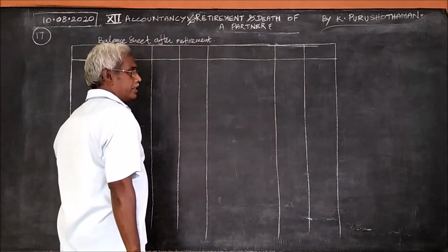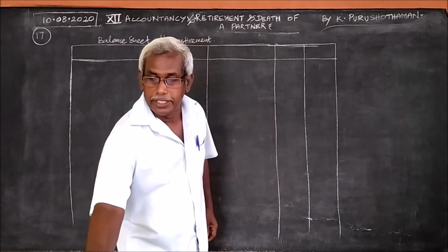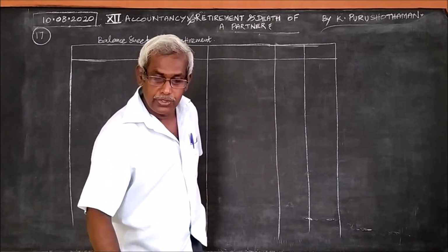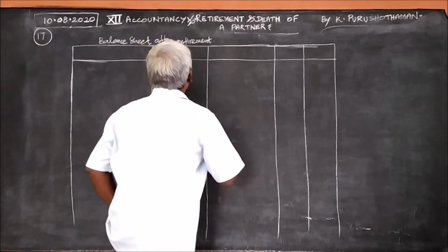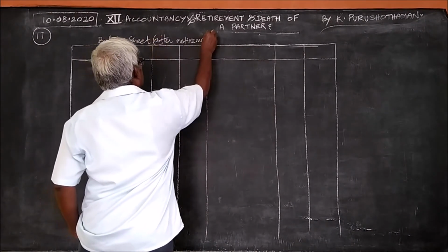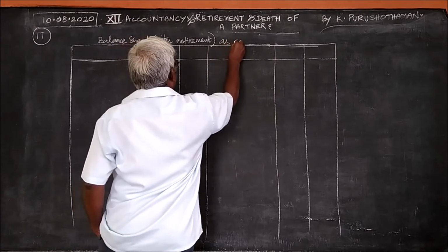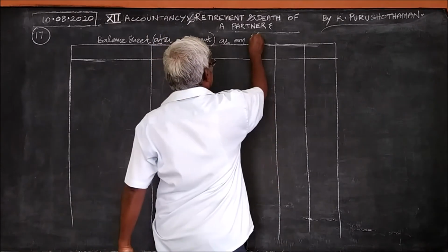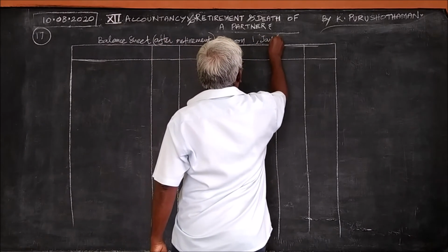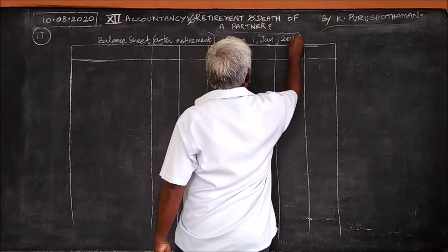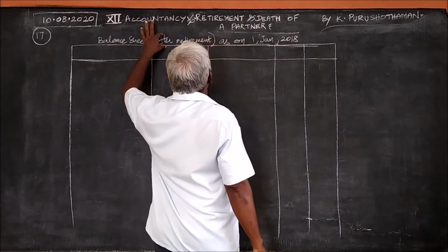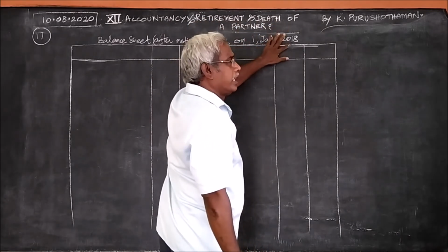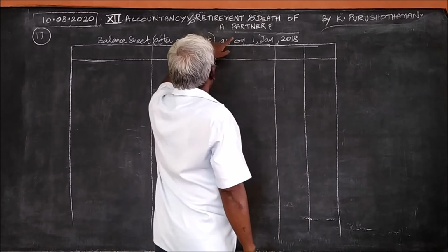Like this we can write. If any date is given in the problem, such as 1st January 2018, instead of after retirement, we can write as on 1st January 2018. We should write either this, after retirement, or as on 1st January 2018. Any one of these two. You need not write both.